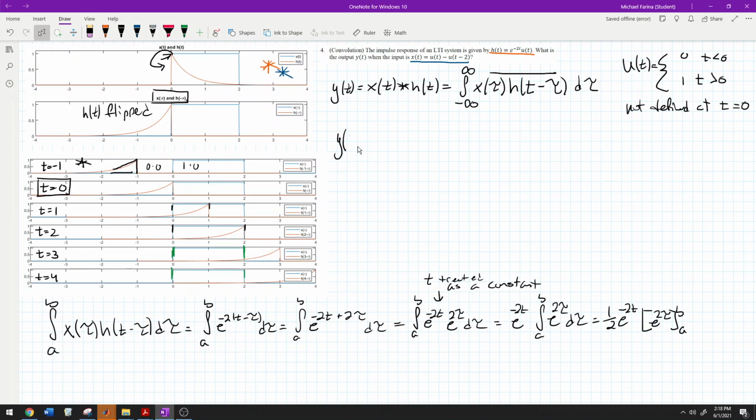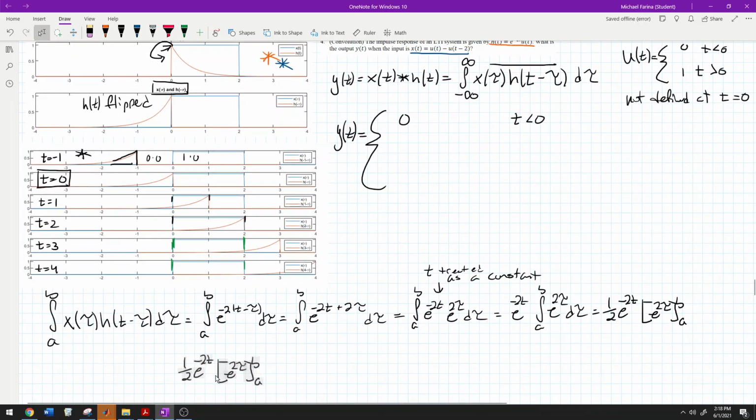So y of t is going to be equal to 0 for t less than 0, and it's equal to 1 over 2 e to the negative 2t, e to the 2t. Let's finish this real quick down here. So we got this as the result of our integration.